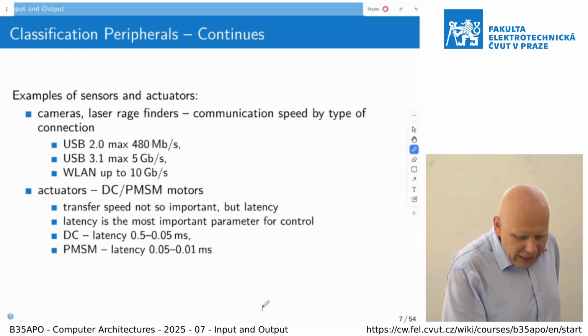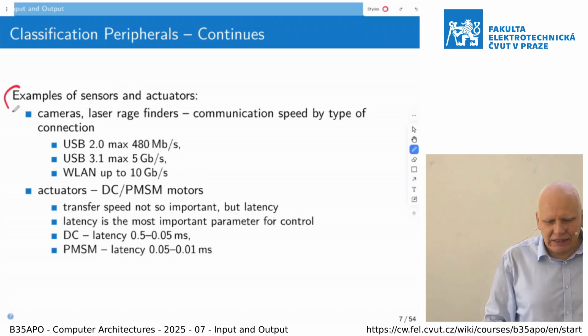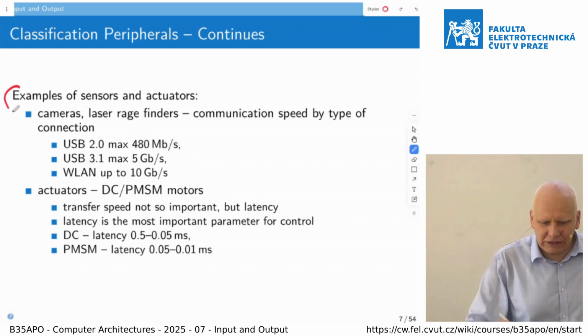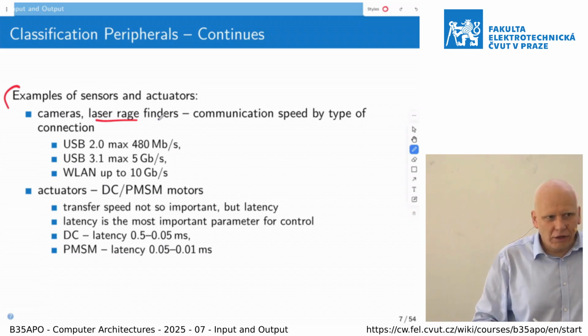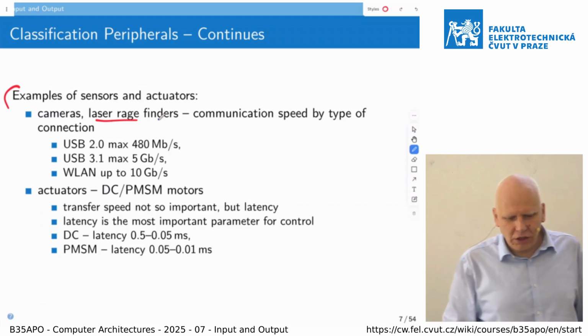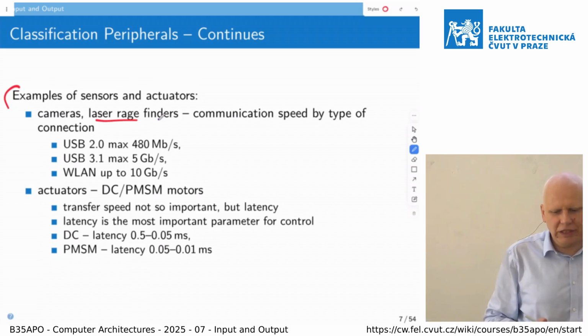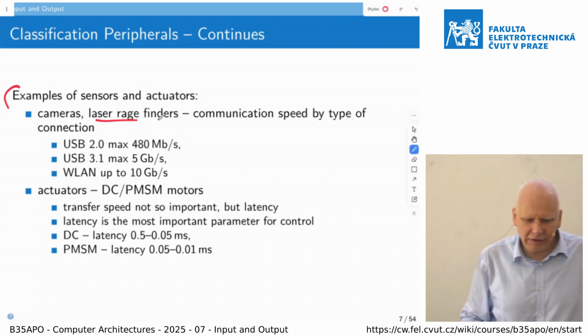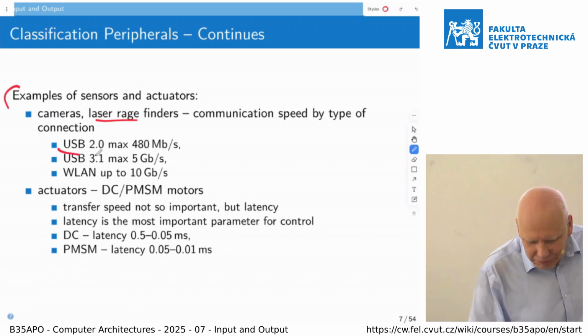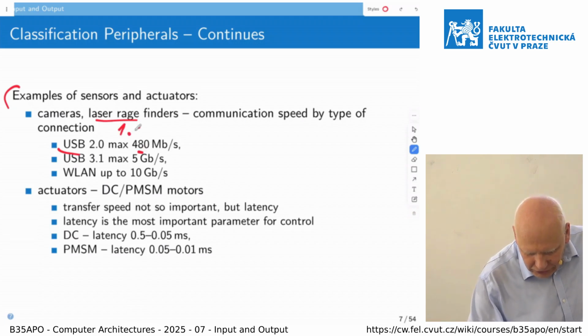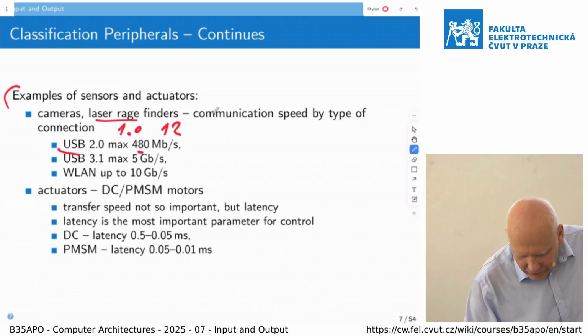If we speak about external sensors and actuators, for example a laser rangefinder, which allows you to obtain a depth image of the surrounding, which is, for example, a good peripheral for autonomous driving and so on, then you can start with some USB, where the original USB 1.0 was 12 megabits per second.